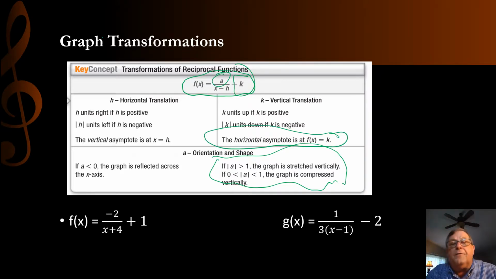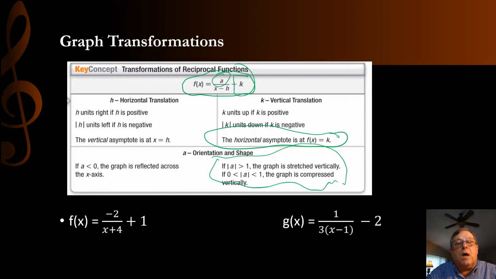Ordinarily, without the transformation of k, if k is equal to 0, then the horizontal asymptote is at f of x or y equals 0. So the value of k, if there should be one, is going to give us a vertical shift up or down and change the horizontal asymptote by that value.